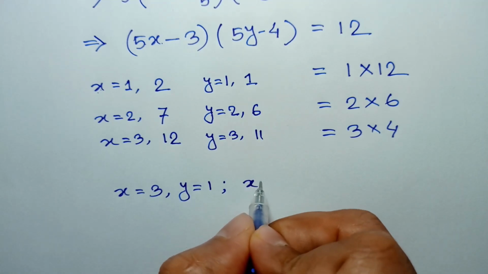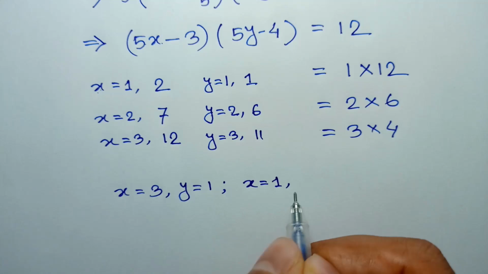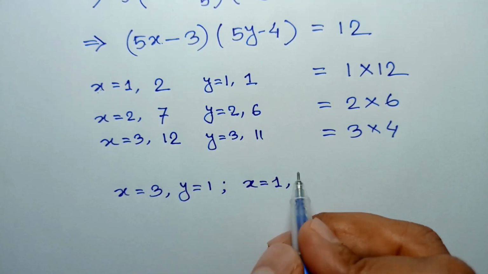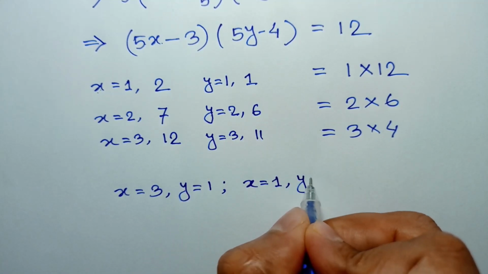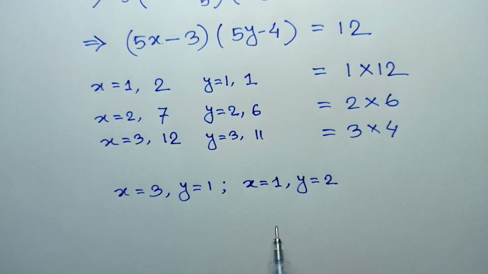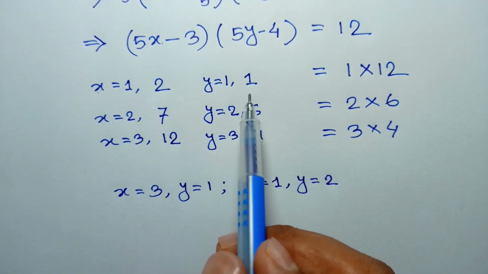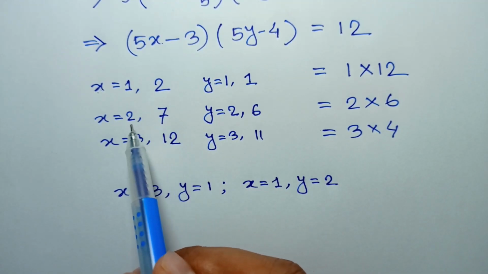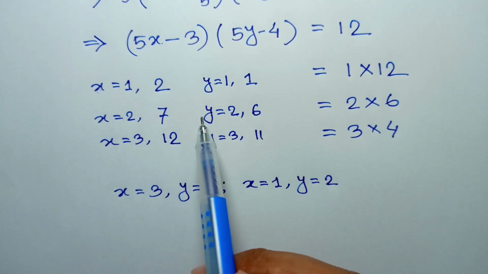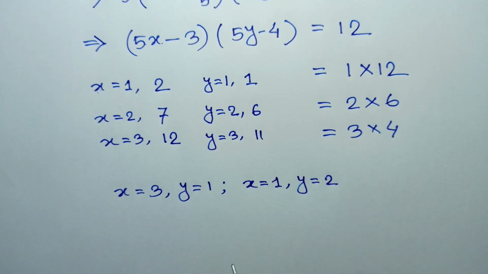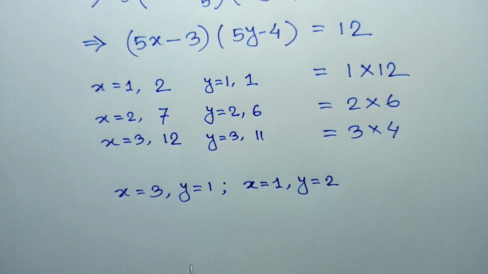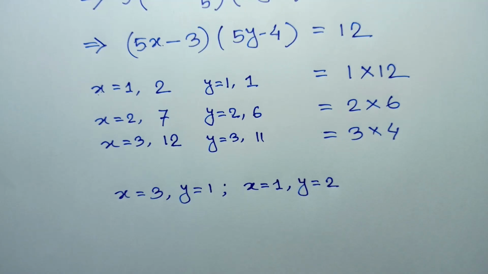So x is equal to 1 and y is equal to 2 is another solution of this equation. And there is 3, but there is no 3 for x and y, so there is no solution for this case.